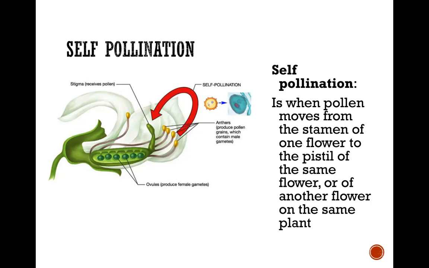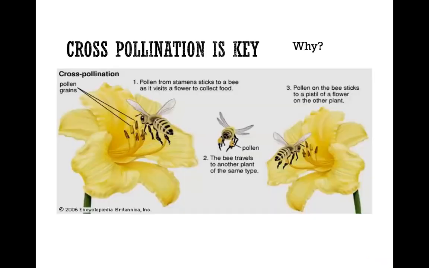Some plants can do self-fertilization and outcrossing, and we'll talk more about why that is beneficial as we go along. But cross-pollination is really vitally important for maintaining genetic diversity. And what I mean by that is that if you're continuously receiving your own pollen, that population of plants will continuously receive its own genes, and there'll be very little genetic diversity.